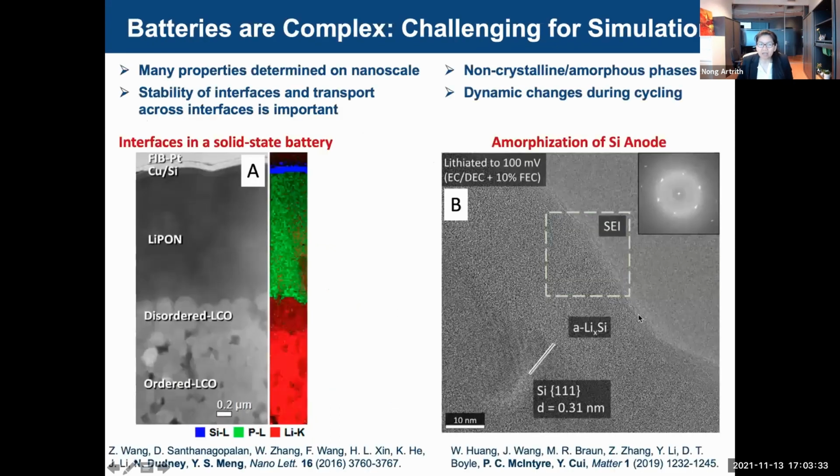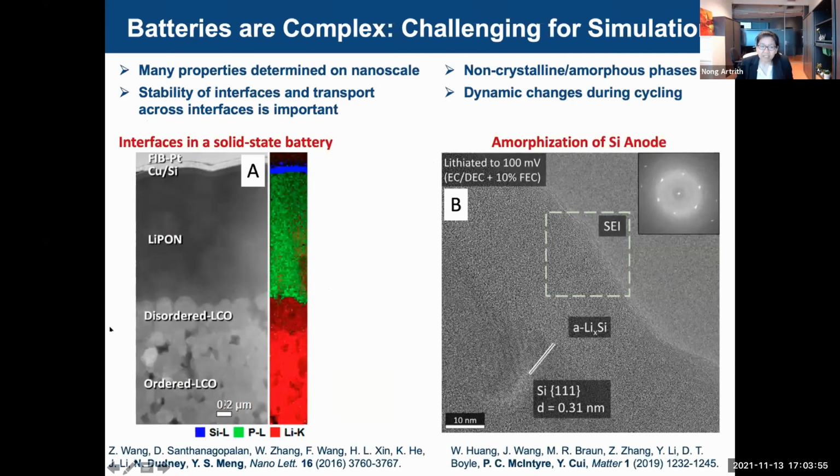And not only this, we're also interested in energy materials like batteries. Batteries are really complex, and it's also very challenging to use just accurate DFT methods. For example, you can look at the two different experimental images I show here. On the left-hand side is the interface of solid-state batteries.